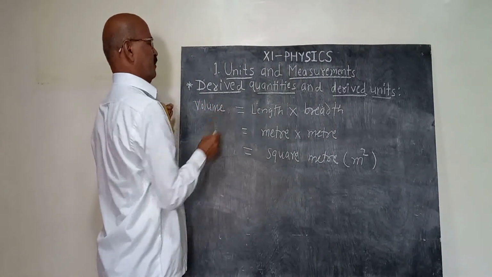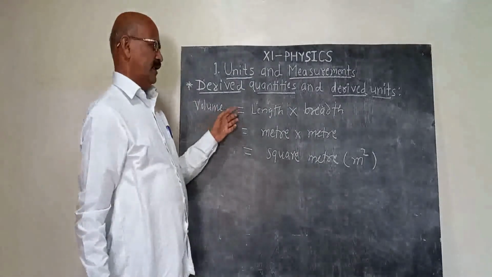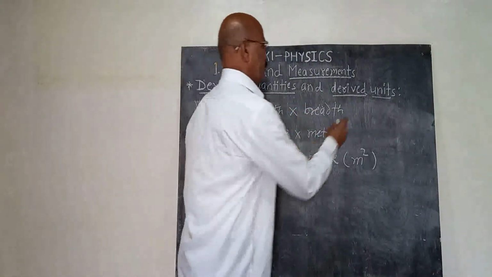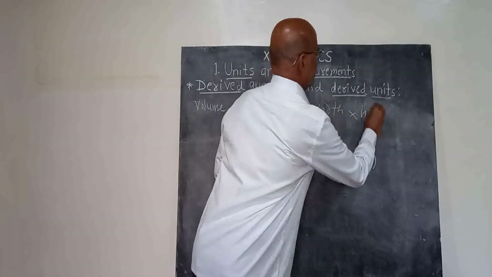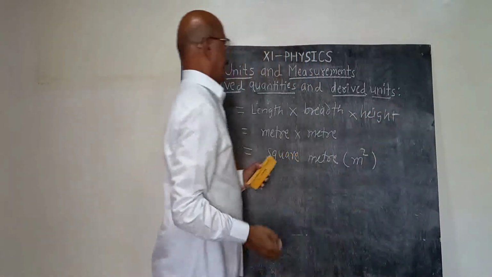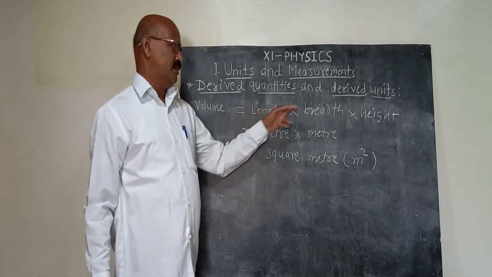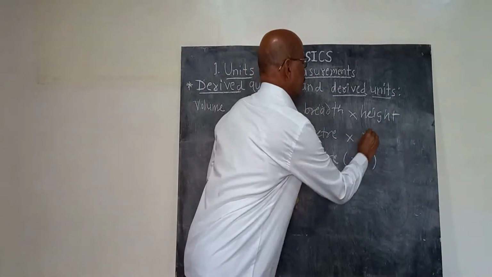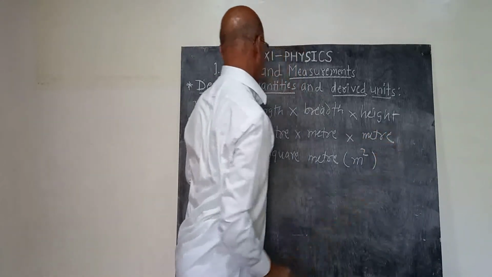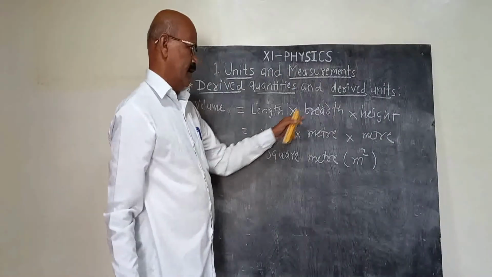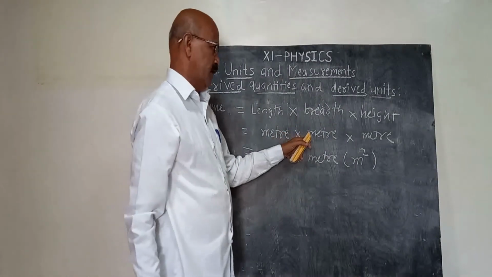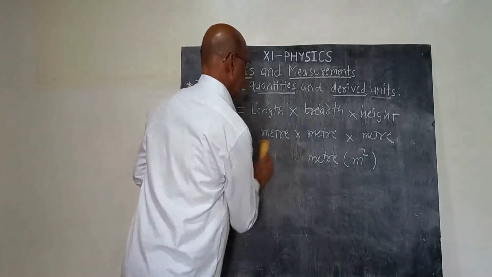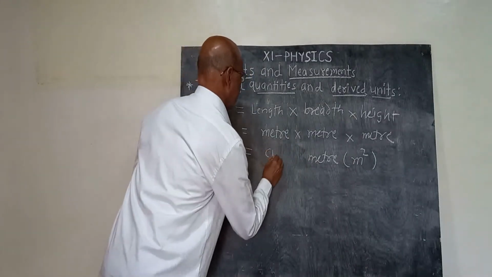Now another physical quantity is volume. You know the formula for volume, that is volume equals length into breadth into height. By taking the SI unit of length, breadth and height, each of which is meter, we get cubic meter.